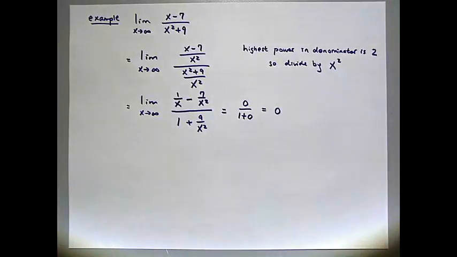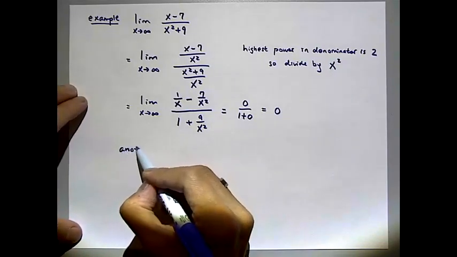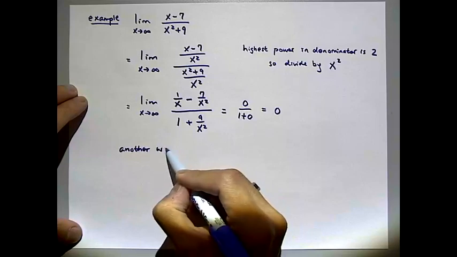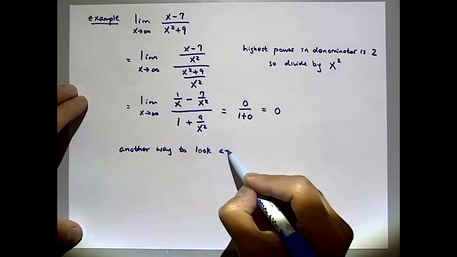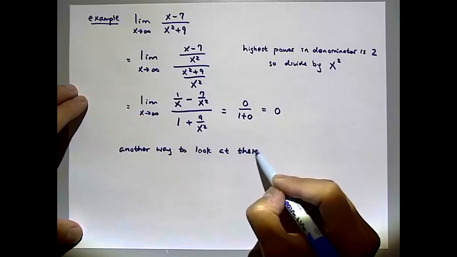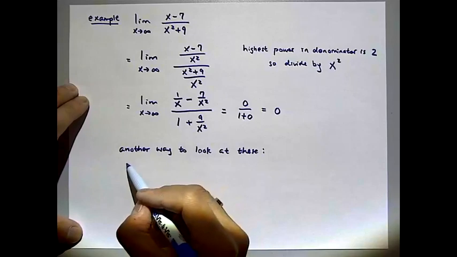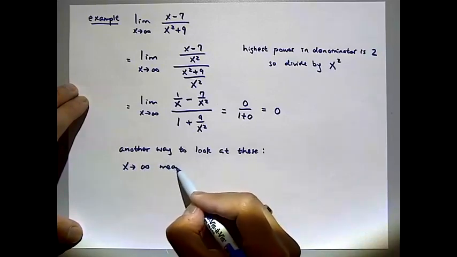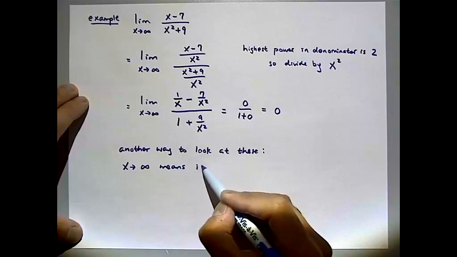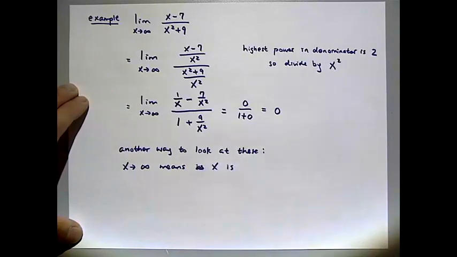Okay, now a slightly faster way to do these things. X goes to infinity means x is a very large number.